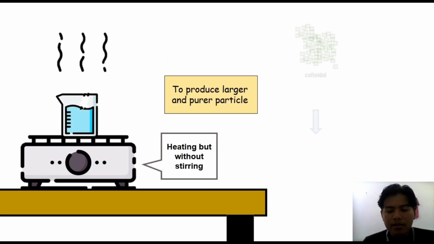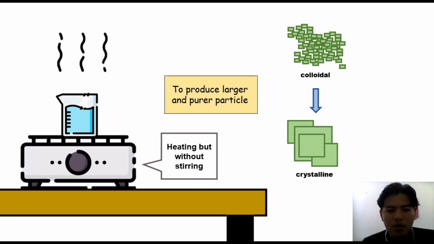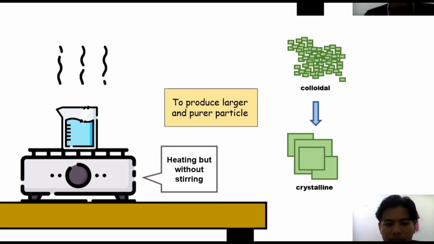In the digestion step, we heat the solution with the hot plate. This is because we want to produce larger and purer particles, so that the precipitates in the solution go from colloidal to crystalline.